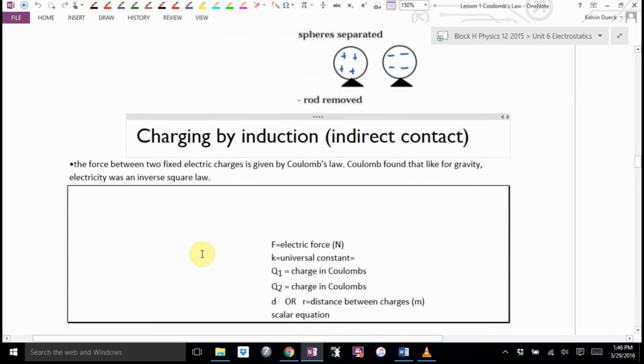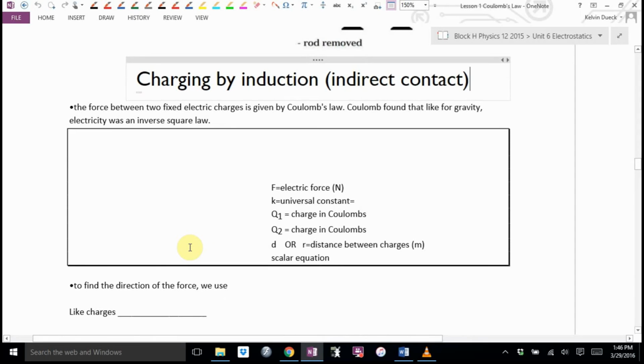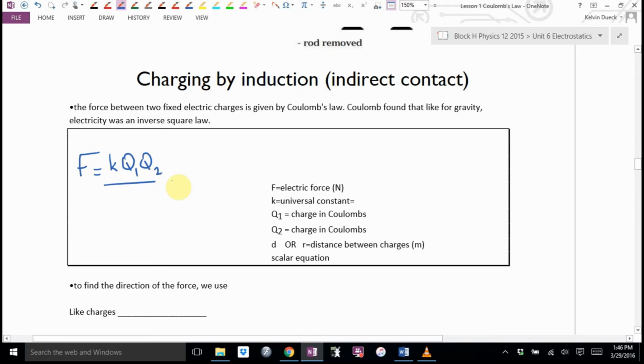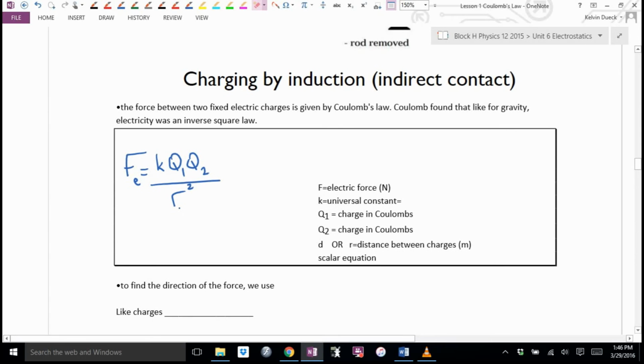Here's what you're going to need to know. It turns out you've seen that I can apply a force between charged objects. That force can be calculated. Coulomb found that force equation, and his equation looked like this: F, and I usually put a little E for electric force, Fe equals KQ1Q2 over R squared.